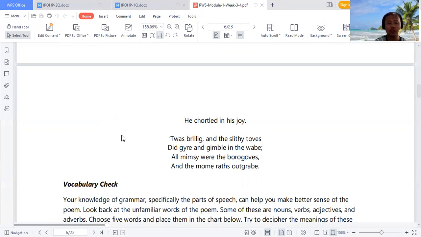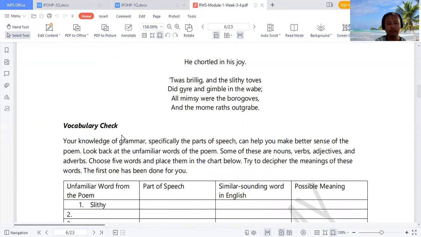Okay, let's go to vocabulary check. So your knowledge of grammar, specifically the parts of speech, can help you make better sense of the poem. Look back at the unfamiliar words of the poem. Some of these are nouns, verbs, adjectives, and adverbs.